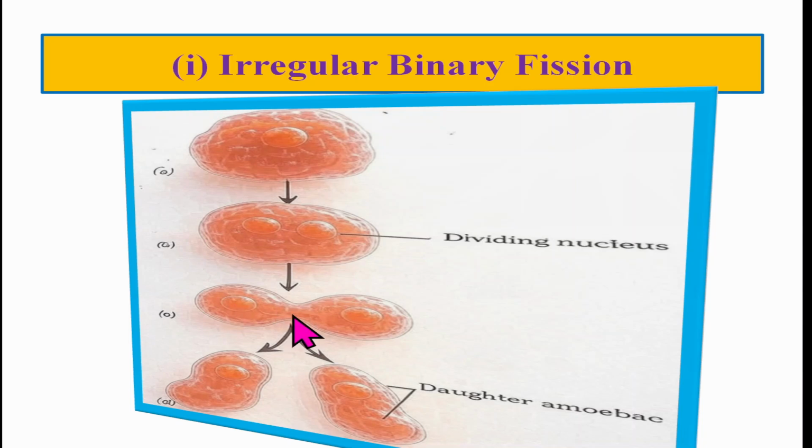Then the cell forms an elastic shape, and afterwards the two daughter cells separate. That means two daughter amoebae are formed. So this is the complete irregular binary fission in case of amoeba.